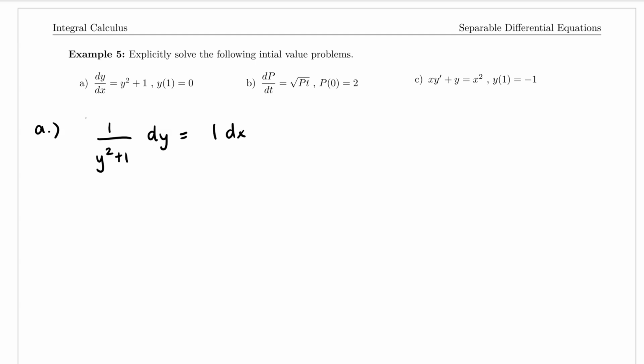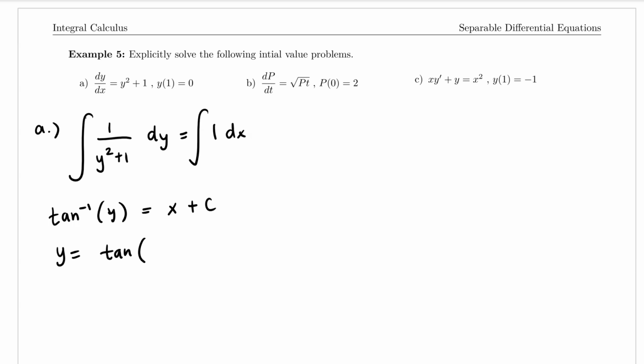And if you want, you could put 1 times dx so that when we integrate both sides now, the antiderivative of 1 over y squared plus 1 on the left-hand side will give us arctangent of y is equal to x plus some constant. And then from here, we want to explicitly solve for y, so I'm going to apply tangent to both sides. So we're going to get y equals tangent of x plus our constant.